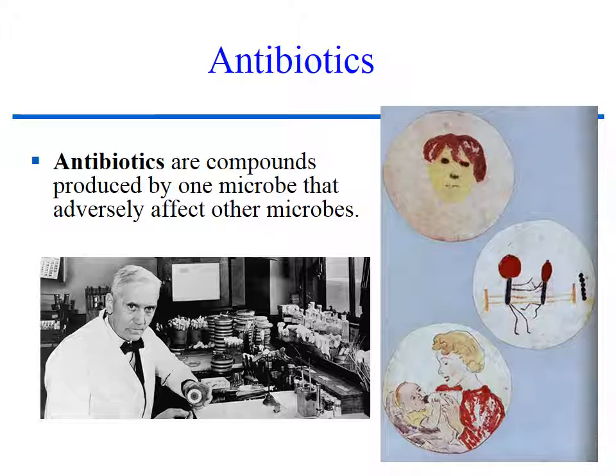But he noted this inhibition of growth, and he was able to characterize the fungus that was growing as Penicillium. Further work was done where the compound penicillin was isolated from the microorganism Penicillium.